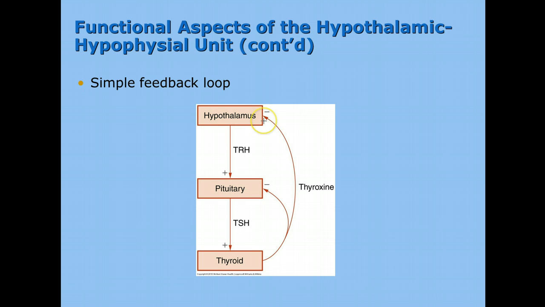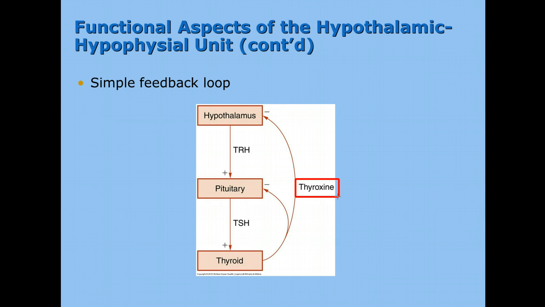The hypothalamus will then slow down the amount of TRH. It will slow down the amount of TSH, which will hence tell the thyroid to slow down the amount of thyroxine.